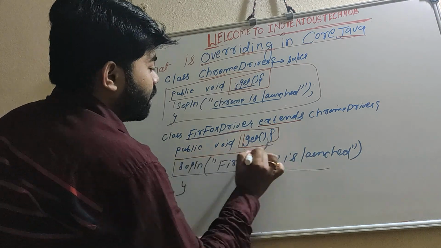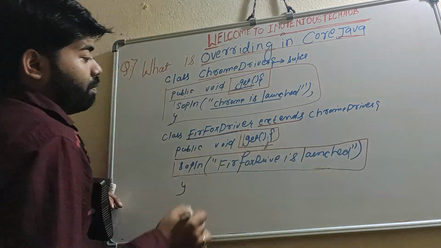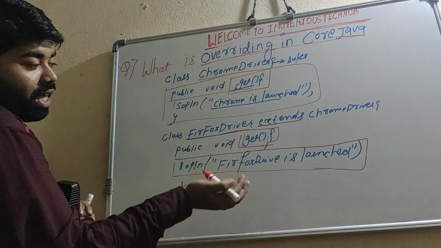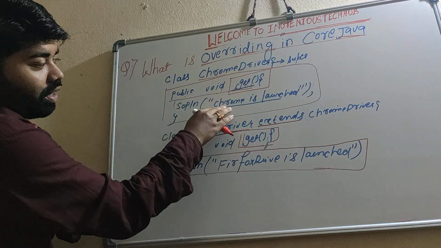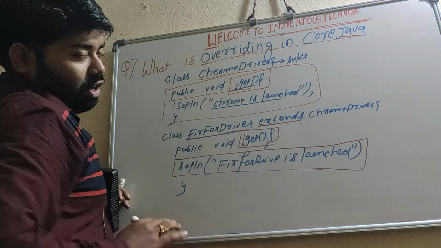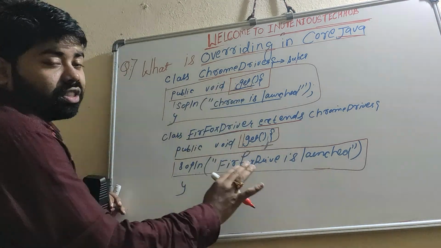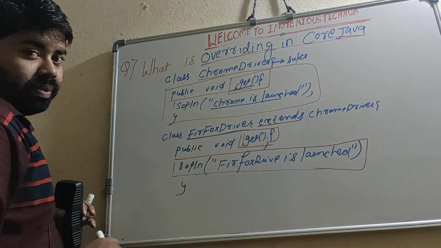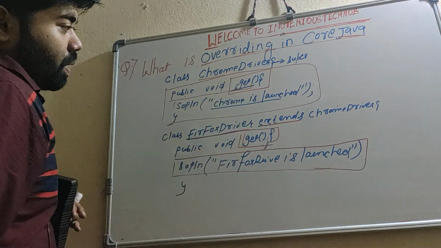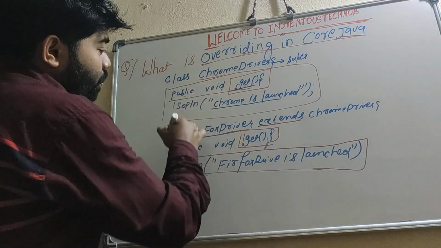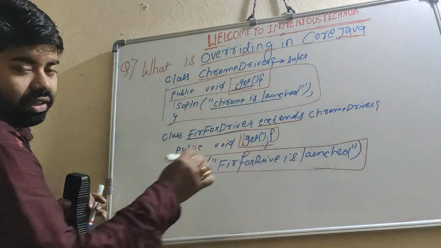Same prototype, but we are providing a different implementation here. What is the meaning of different implementation? It means we have different logic. Here the logic is that the Chrome browser will launch. Here the logic is that the Firefox browser will launch. Got it, right? So this is the concept of overriding. Now, how to execute this overriding concept?